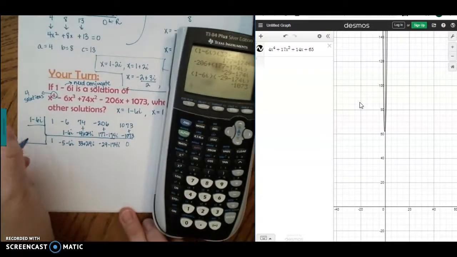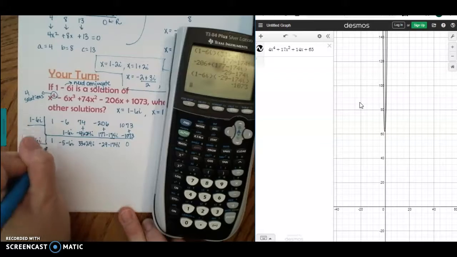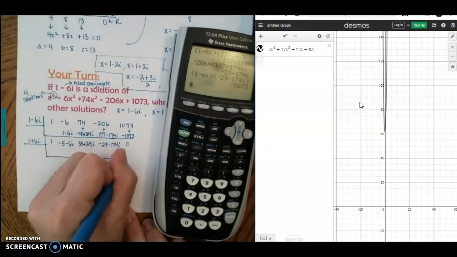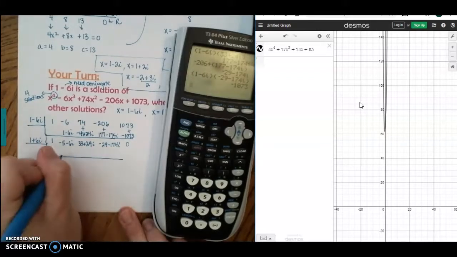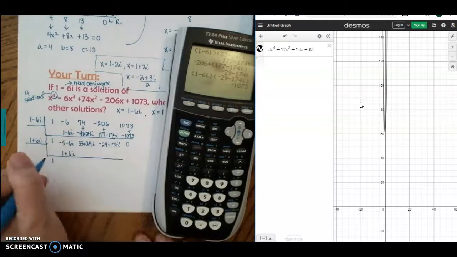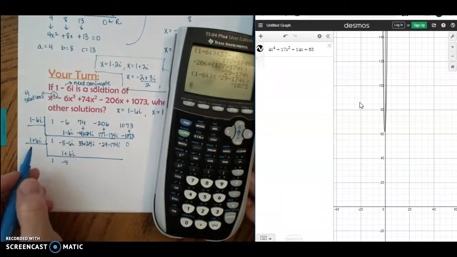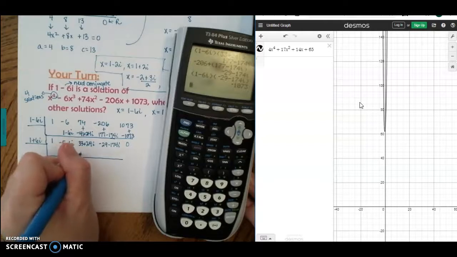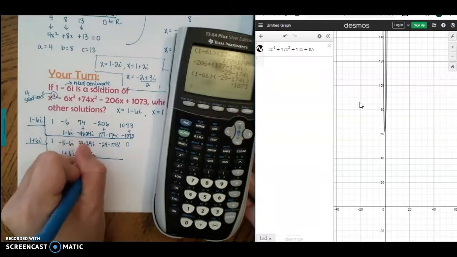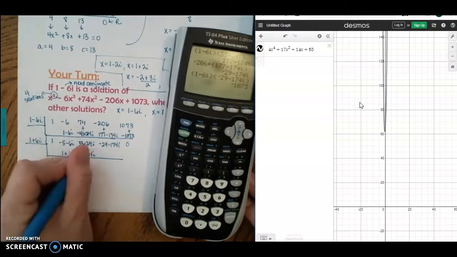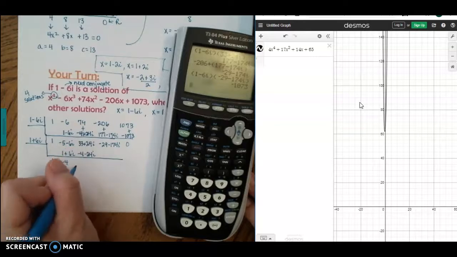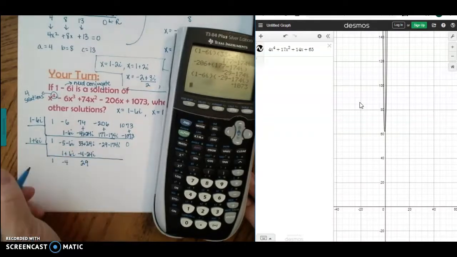So then you're going to do the conjugate, 1 plus 6i. 1 comes down, so that's 1 plus 6i, which is going to give me negative 4, because the negative and positive is going to cancel out. When I distribute that, I'm going to have negative 4 minus 24i. The i's are going to cancel again. That's going to give me positive 29.